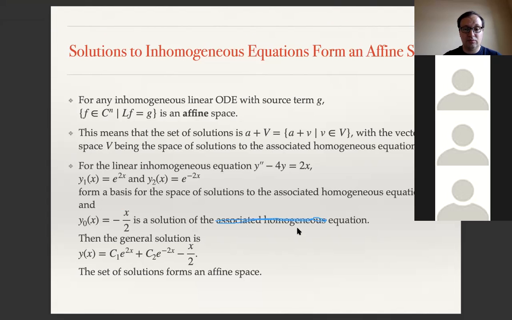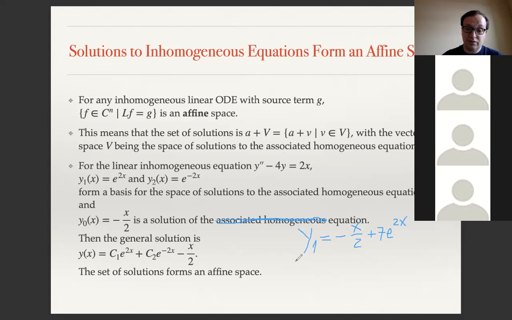So what if we said y1 is equal to minus x over 2 plus 7 e to the 2x. And then what does this imply? This implies that this is a valid individual solution.